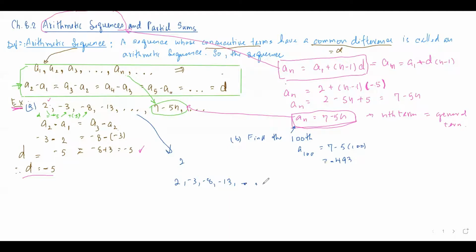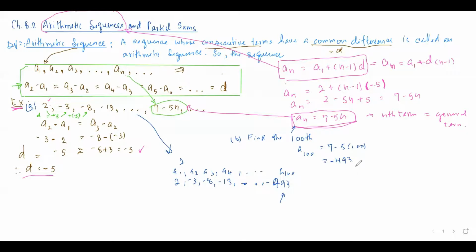And then you keep doing until the term of negative 493. That means a100. This is a1, this is a2, this is a3, and so on. This is a4. Okay, that's the meaning. So you know the number of the term 100.